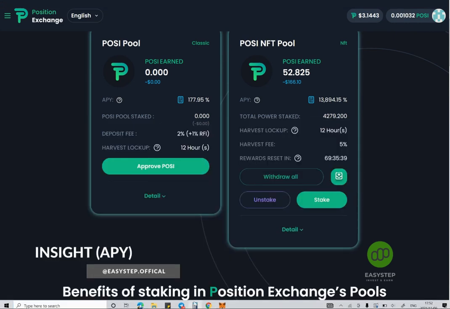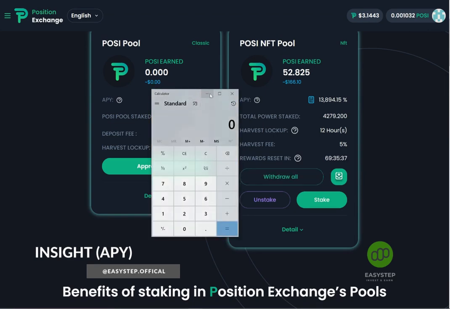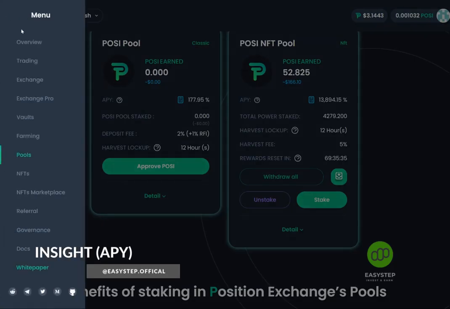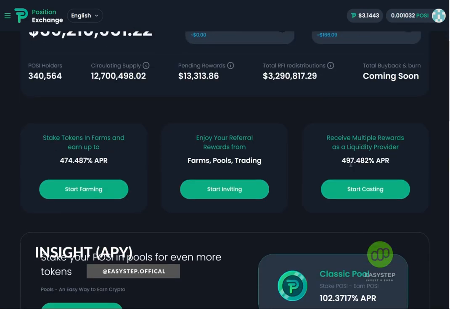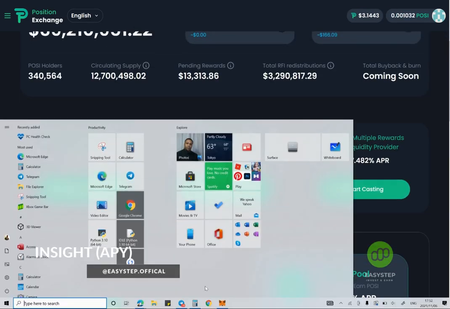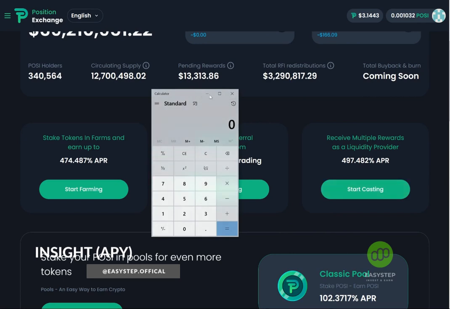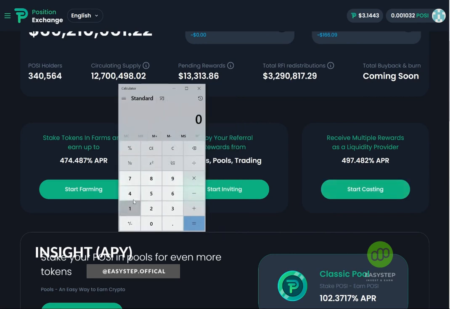Let's go back up to the overview. Right now, the APR for NFTs is at 497%. So let's say that the APR in 1 month is half of this.